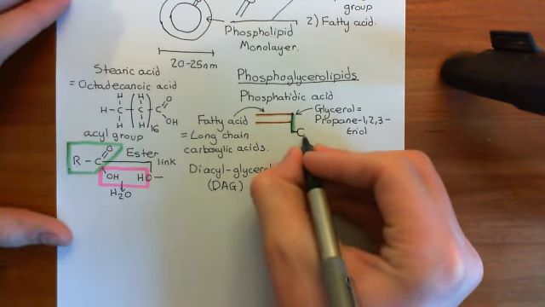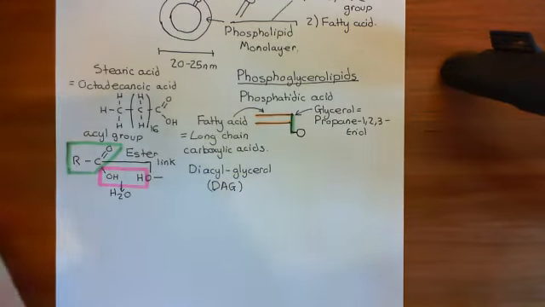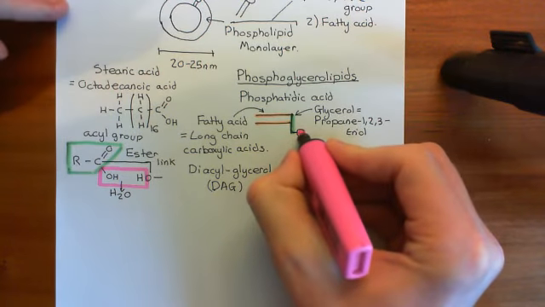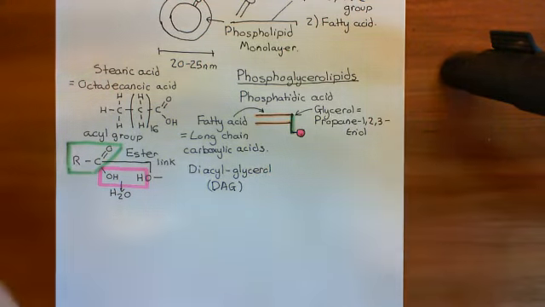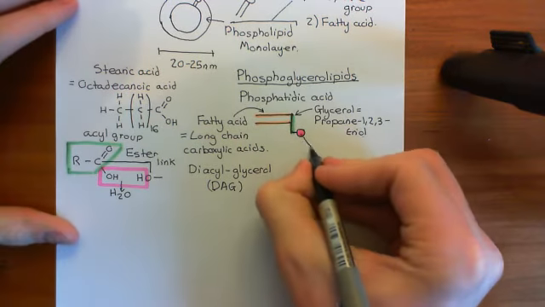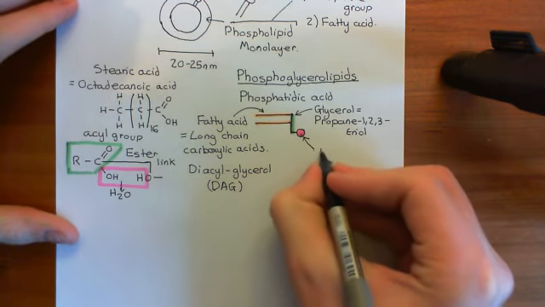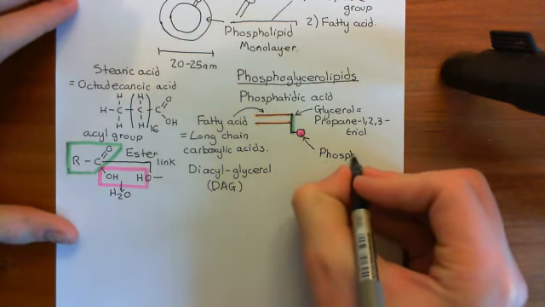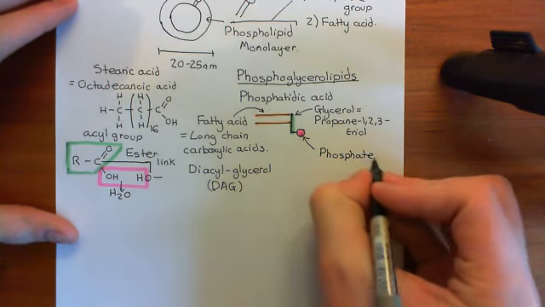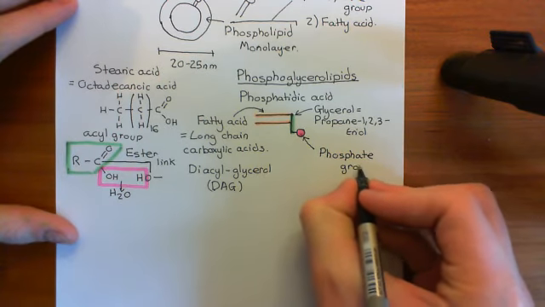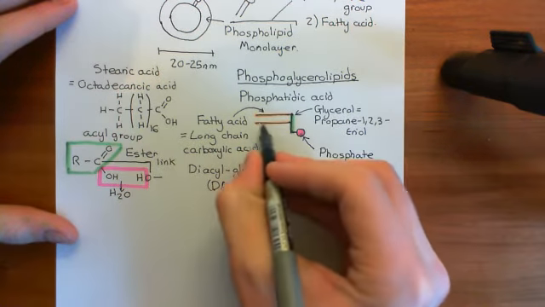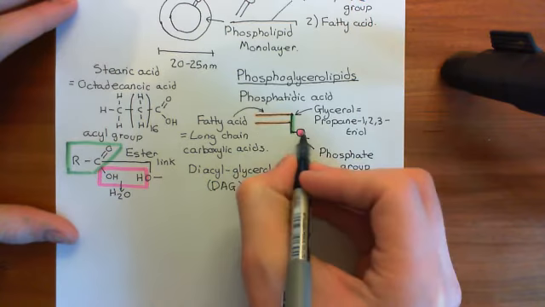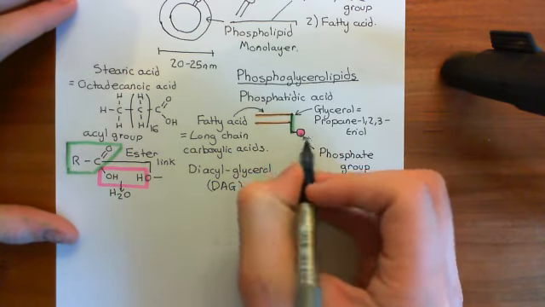And basically what you're going to add is a phosphate group. So this little circle that I'm now colouring in purple here represents a phosphate group. This is why phosphatidic acid can be considered a phospholipid, because it satisfies those two criteria that I wrote up earlier. It has a long-chain carboxylic acid within its structure and also a phosphate group.